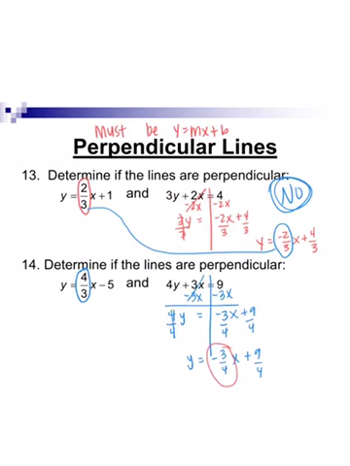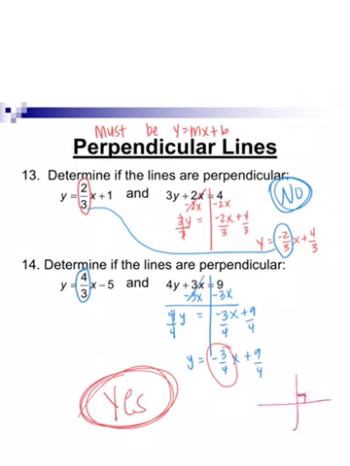And I'm looking at my slopes. So this is 4 over 3 positive. So my other one will have to be negative and then flipped, which negative 3 over 4 this one is. So that means that these two lines are perpendicular. I almost wrote no. Yes, these are perpendicular. That means that when they cross, they make a 90-degree angle. That's the definition of perpendicular.